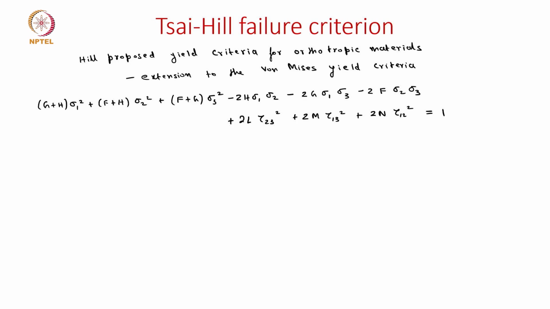So this is the yield criterion proposed by Hill. As you can see, it has six constants: F, G, H, L, M, and N.